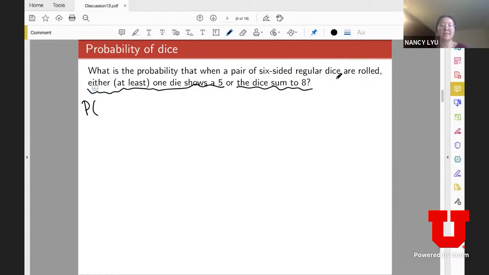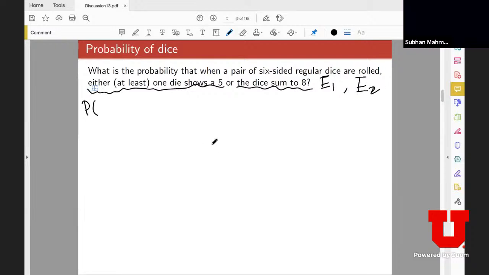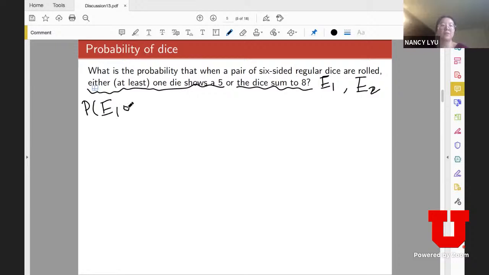Let's name the event that at least one die shows a 5 as E1, and the dice sum to 8 as E2. You just add E1 and E2 together, right? Yeah, so you have the probability of E1 or E2.